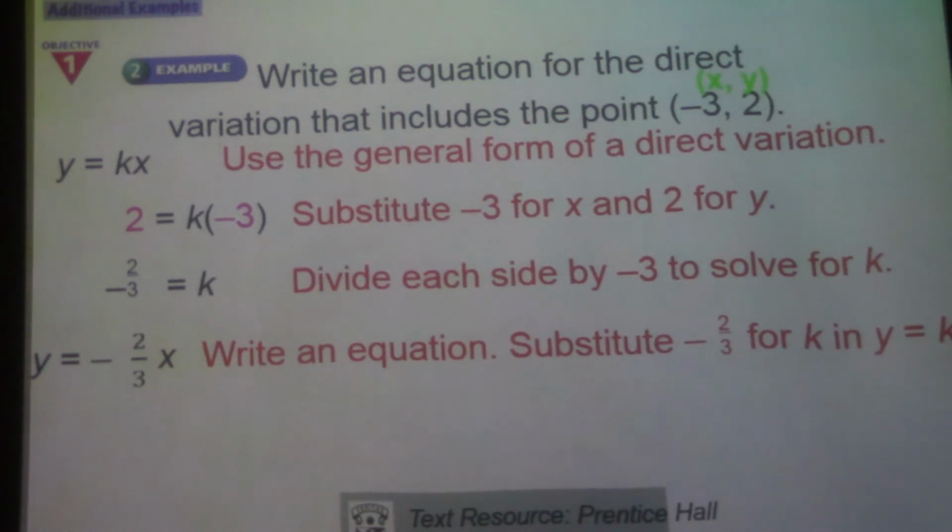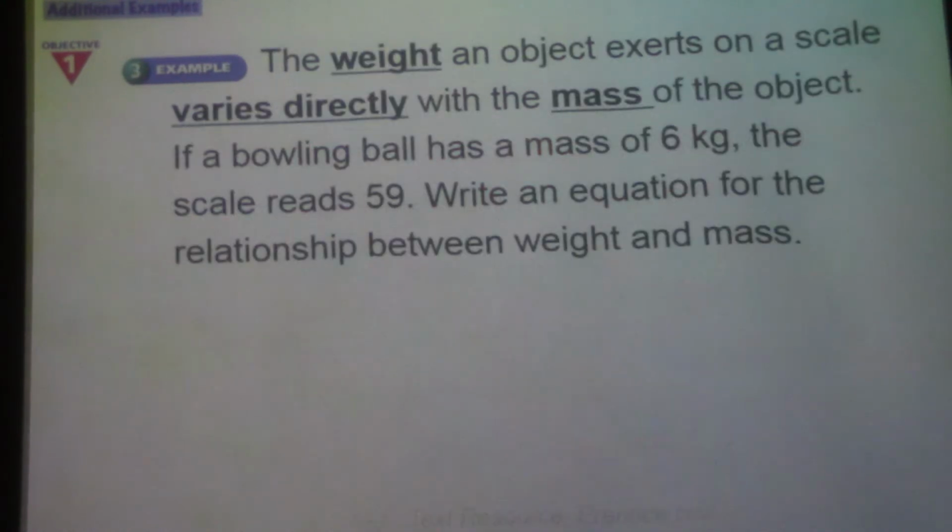That's our equation. Now we're going to go through an example where we need to write an equation for a story problem. The weight of an object on a scale varies directly. Anytime we see the word directly, we're going to write a direct variation equation.